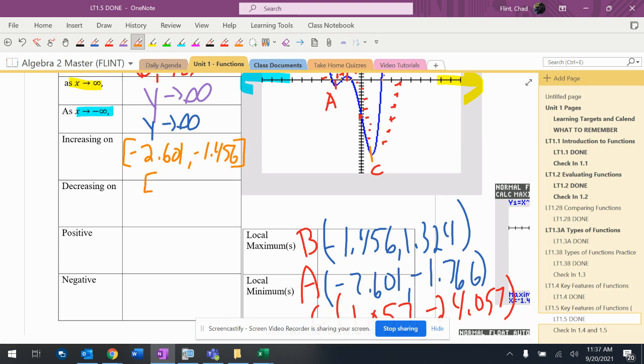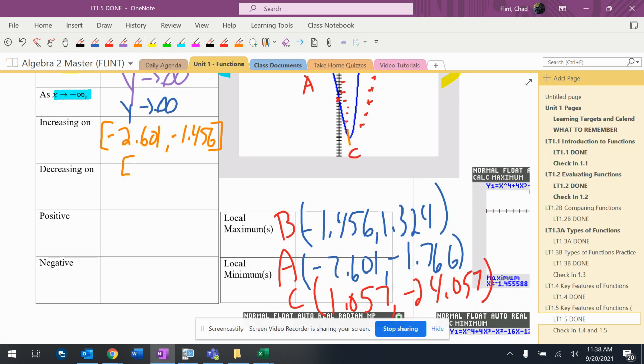And then it's also increasing from C to infinity. So C is 1.057, comma, infinity.